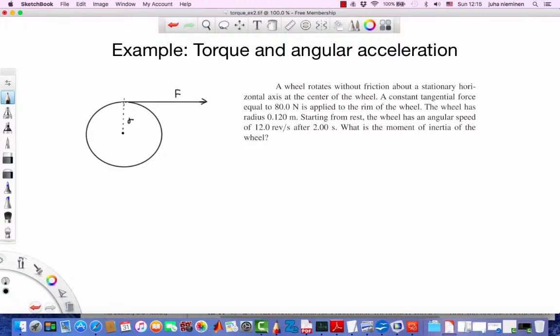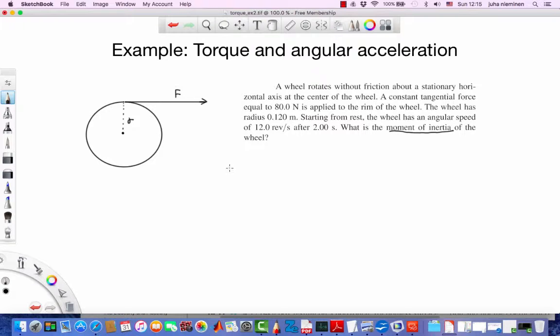So this could be, for example, a rope that is unwinding as it's being pulled and hence accelerating the wheel. And we know that starting from rest, the wheel has an angular speed of 12 revolutions per second after 2 seconds. How can we evaluate the moment of inertia of the wheel from this information?